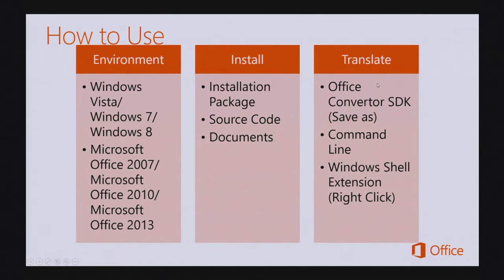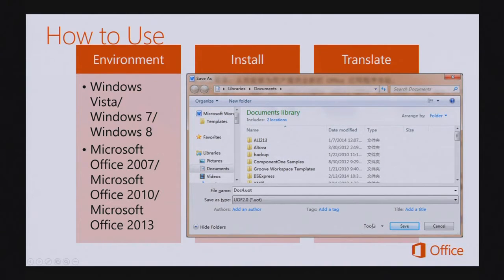Okay, so how do we do the translation? As I introduced before in the design, we use Save As, command line, and right-click. I'll show a simple demo to show all of you how it works. Okay, so let's take a quick look. This is Save As.